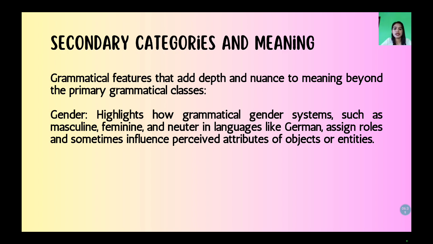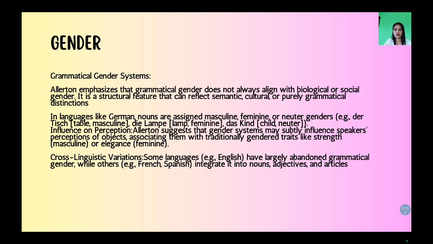These are grammatical features that add depth and nuance to meaning beyond the primary grammatical classes. First is gender. Gender highlights how grammatical gender systems such as masculine, feminine, and neuter in languages like German assign rules and sometimes influence perceived attributes of objects or inheritance.